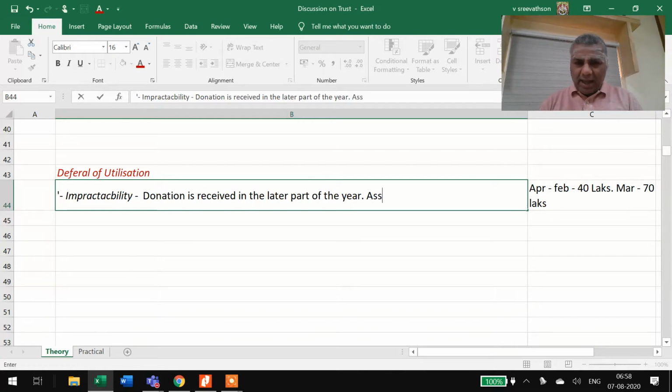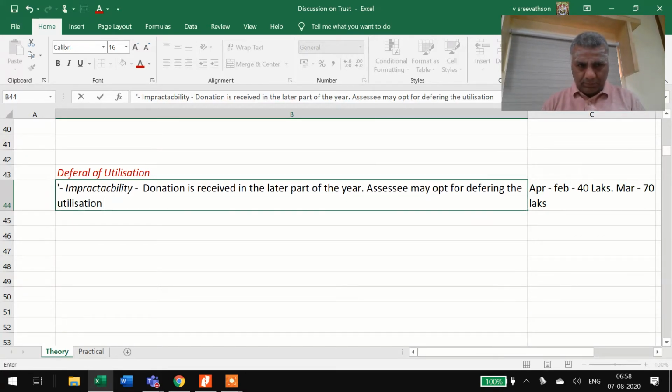The assessee, which is nothing but the trust, may opt for deferring the utilization by a maximum of 1 year.